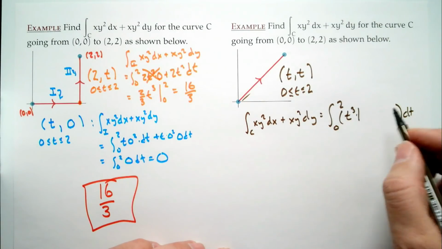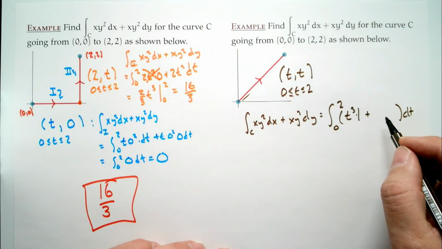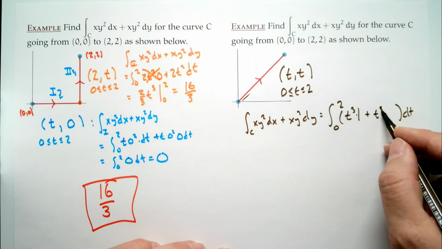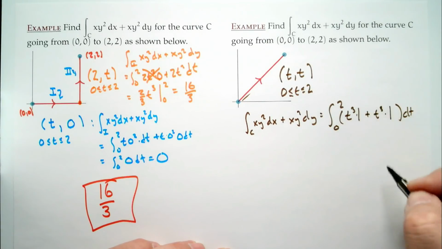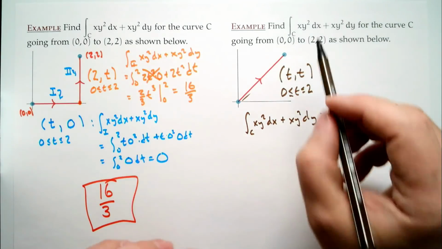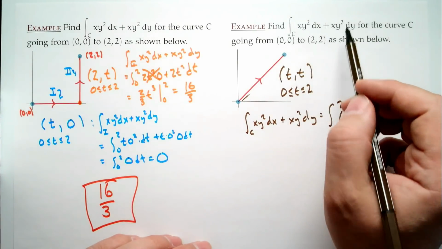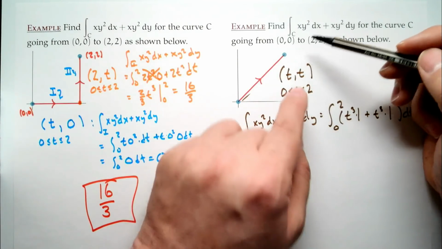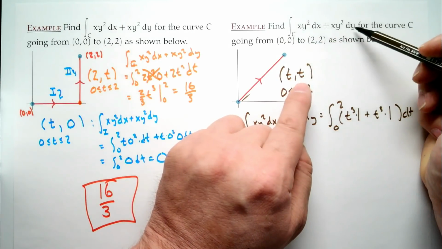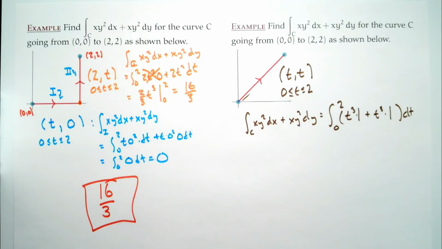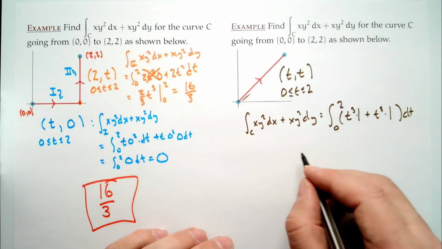Okay, and this xy squared dy, what will that become? T cubed again. And dy is still 1 of y. So again, every part of this expression, to figure it out, go and figure out what's the x, what's the y. If I want to find dx, look at x prime. If I want to find dy, look at y prime. So we're almost there.